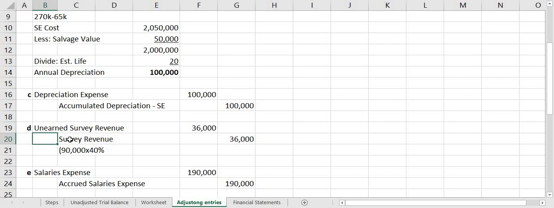Kumbaga, yung liability mo na unearned revenue, na-earn mo na, kaya you have to transfer it from unearned survey revenue, which is a liability, to survey revenue for 36,000. Again, that's letter D, debit unearned survey revenue, credit survey revenue for 36,000.